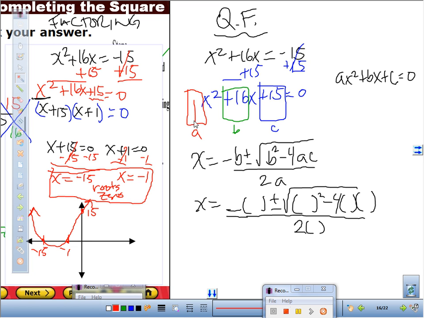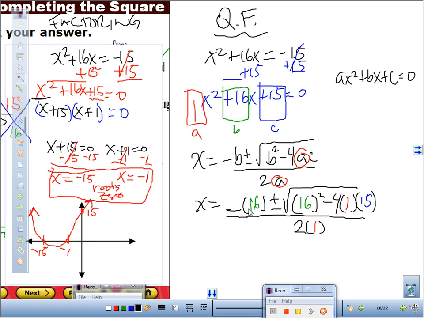Okay? So let's see, what is a? 1, and a is found next to the 4 and next to the 2, so one goes here, one goes there. What is b? 16, which is here and then here. And what is c? 15, which is there. All right? So, let's start simplifying.